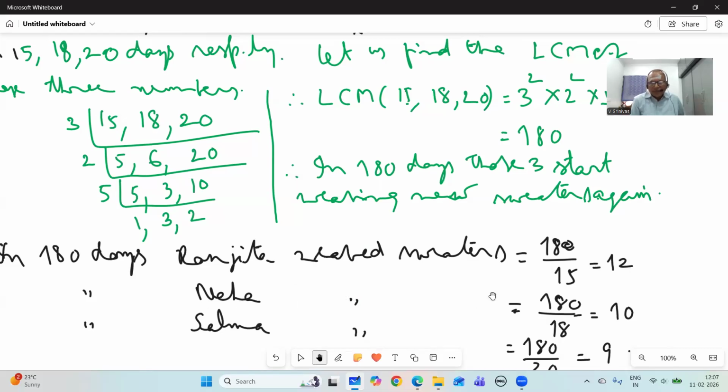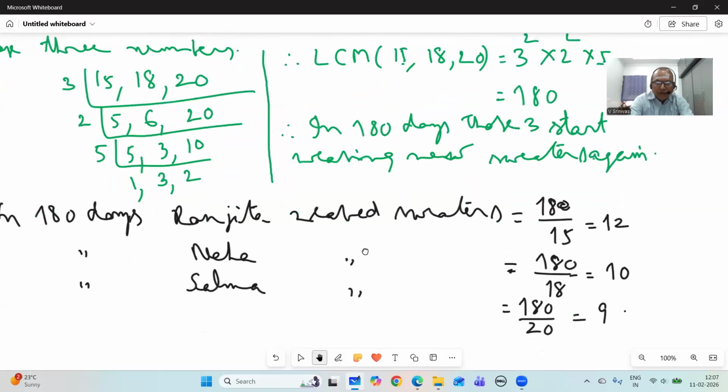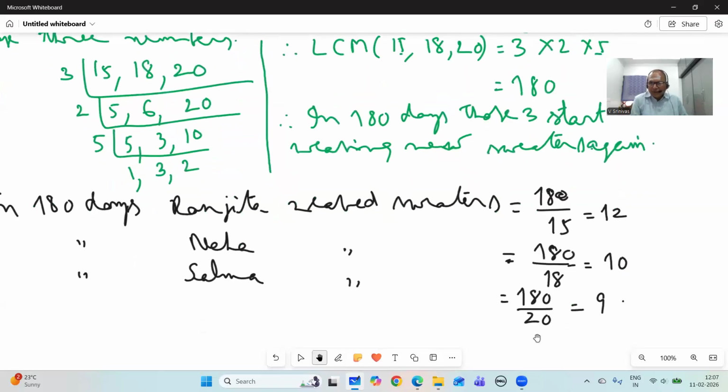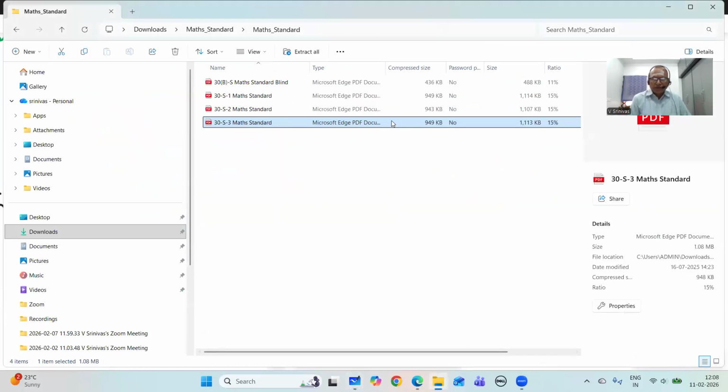How about Neha? Neha takes 18 days to weave one sweater. In 180 days, she can weave 180 by 18, that is 10 sweaters. And Salma weaves one sweater in 20 days. In 180 days, she weaves 180 by 20, that is 9. Okay, so these many sweaters, Ranjita, Neha, Salma weave in 180 days respectively. That is 12, 10, 9 respectively. Okay, this completes the next question. So let's go for the 31st question.